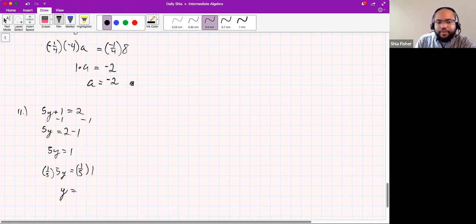So y must equal 1/5. And we'll check our work. 5 times 1/5. Now we're plugging in the y that we found. Plus 1 equals 2? Question mark. Yeah, I think so. 1 plus 1 does in fact equal 2.